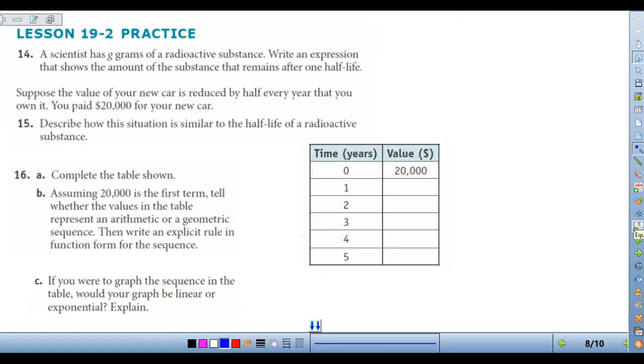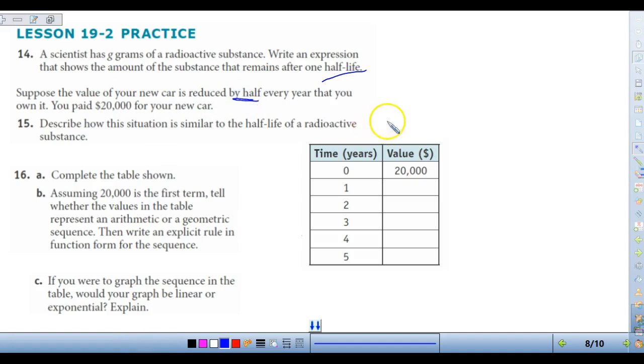So this is your practice for decay. Everything's going to be multiplying by a number that's smaller than 1 in this case, because it's the decay lesson. Half-life, that's definitely a factor of 1/2. And this is reducing, yep, the value of your car is reduced by 1/2, so it's kind of like a half-life.